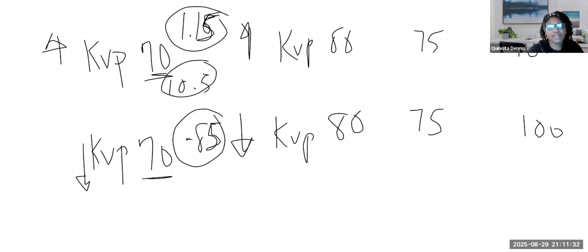All right, so 70 plus 10.5 is 80.5. And 70 minus 10.5 is, wait, 60? No, 59.5. Let's see, 70 minus 10.5, 59.5.